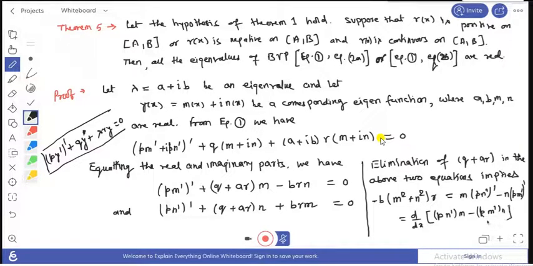Here, because if you add and subtract this term, the first function is differentiated with the second.